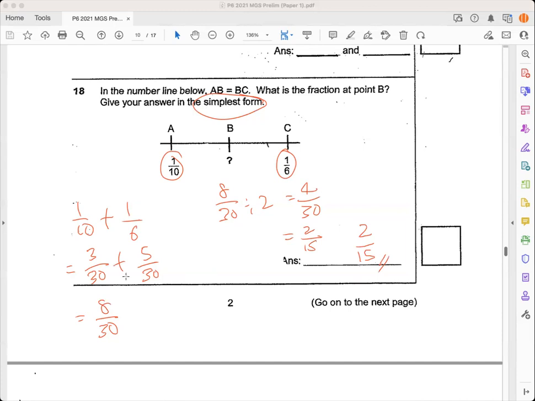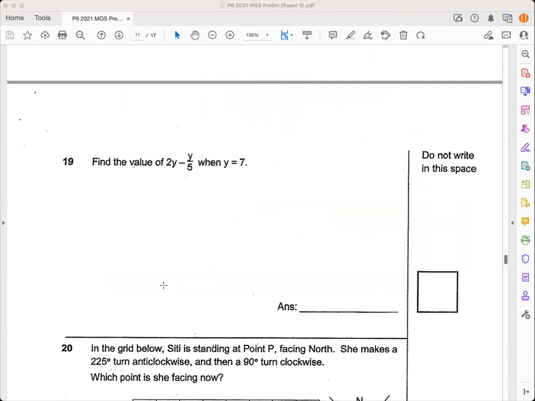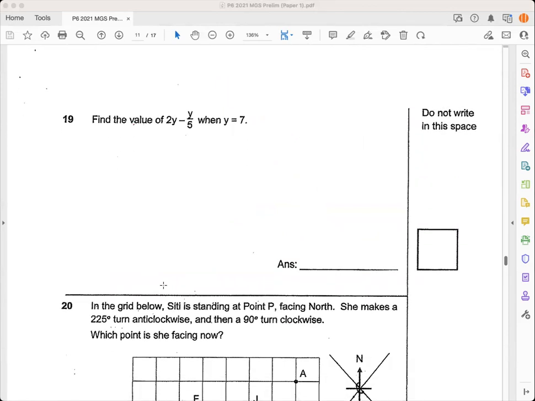Now let's look at question number 19. Find the value of 2y minus y over 5 when y is 7. So replace y with 7. I'll just replace y with 7 first and compute later.